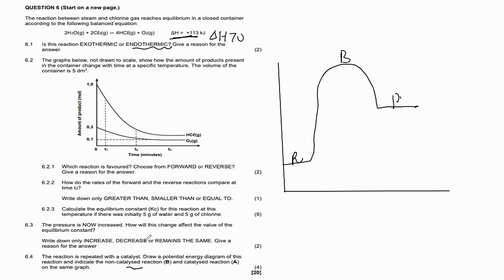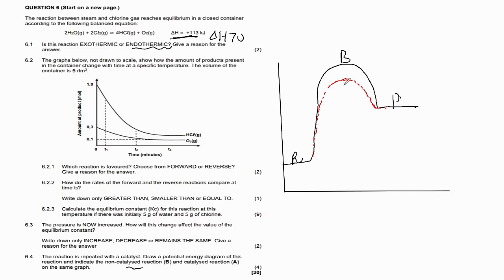And then now, if we have to add a catalyst, remember, what a catalyst does is simply provide an alternative pathway of lower activation energy. So what will just happen is that now we will have another graph trailing below there, right? So with a lower activation energy, so note that.